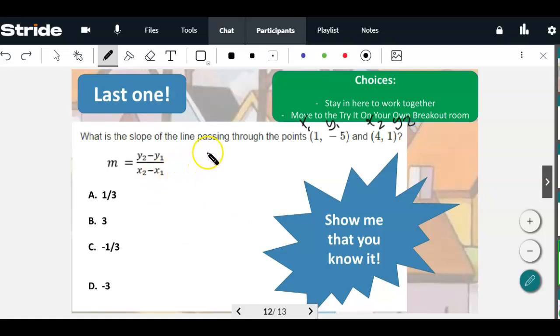So using our formula, we're going to put in 1 minus -5 over 4 minus 1. Use those integer rules. This becomes plus positive. 1 plus 5 is 6. 4 minus 1 is 3. And that actually simplifies to 2.